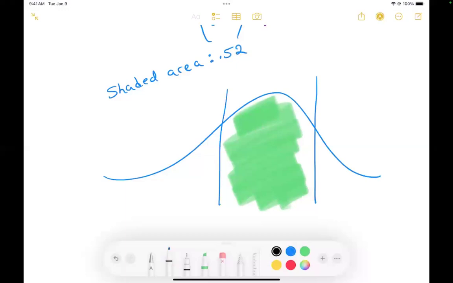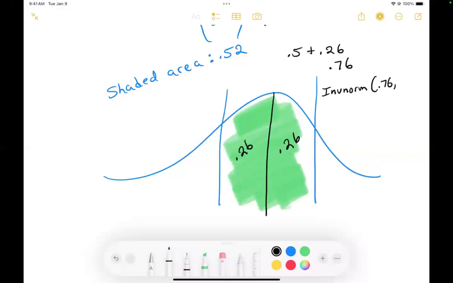Therefore, my mean is smack dab in the middle. So I have 26% here and 26% here. Therefore, the inverse norm that I'm going to do is going to be 0.5 plus 0.26. So I'm going to use 0.76 for inverse norm. That will give me my positive z-score, and then I just use the same z-score but make it negative.